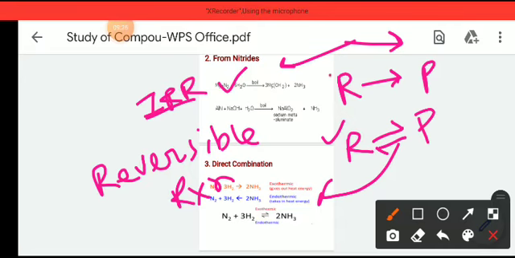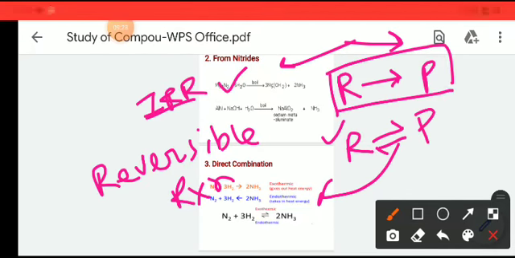So only from reactant to product, but product to reactant there will be no way. In an irreversible reaction, reactant only goes to the product, but product cannot form any kind of reactant.